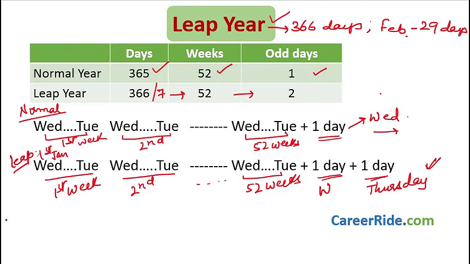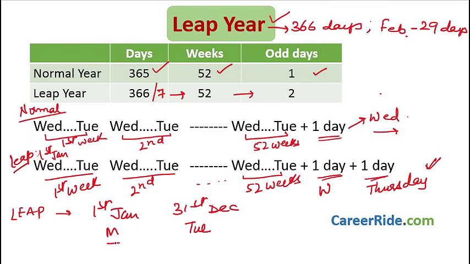It means that for a leap year, the 31st December would be the next day of January. So if January 1st is on Monday, 31st December in this case would fall on a Tuesday, right?